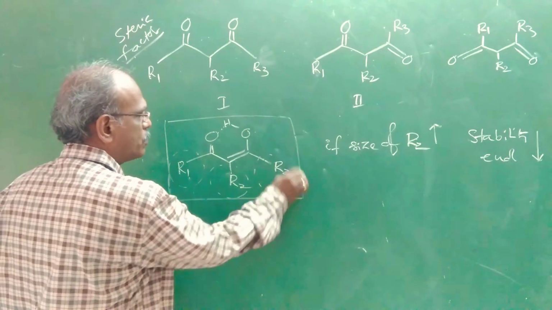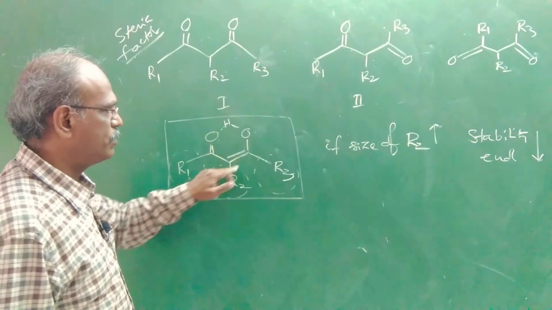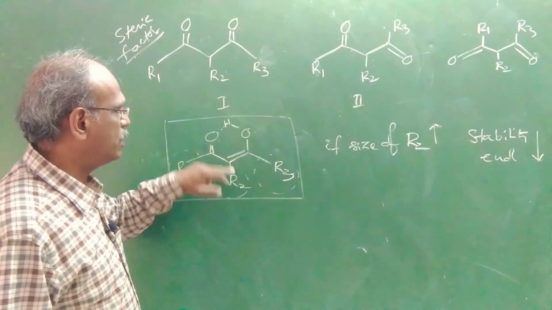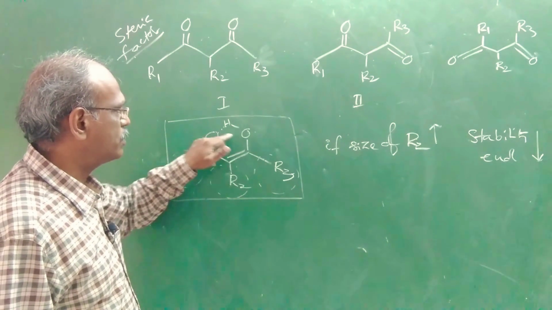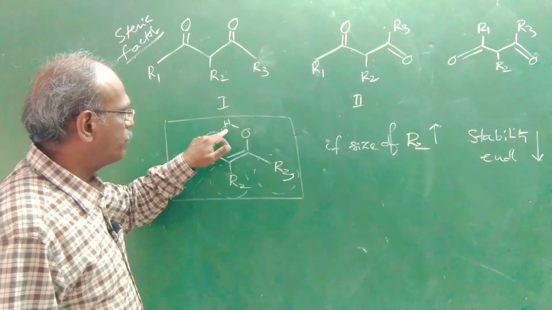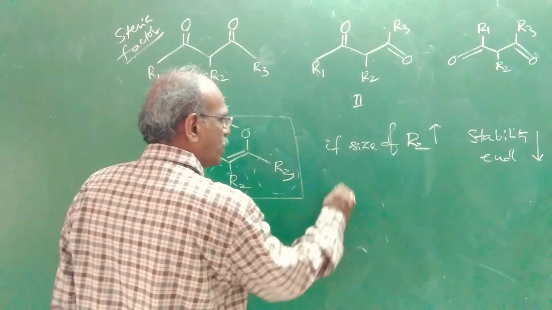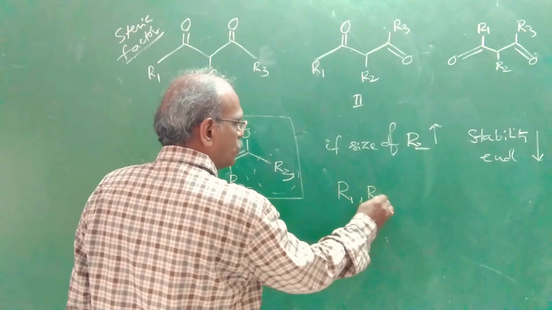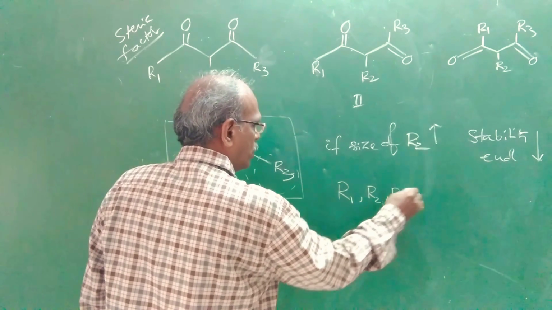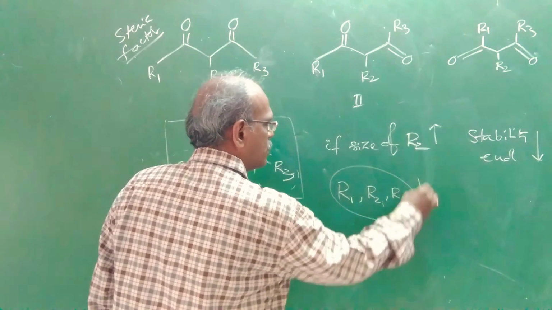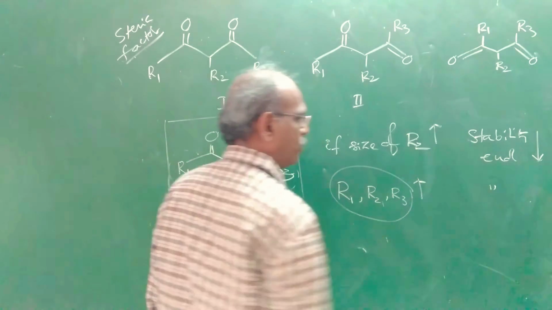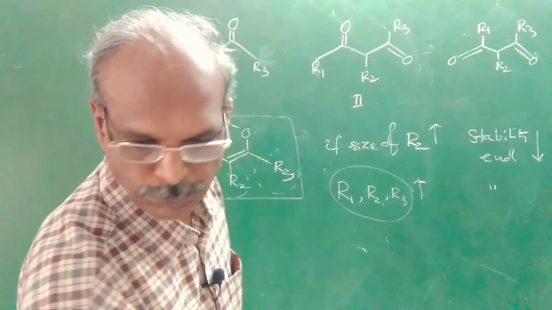See, almost it is a cyclohexane-like system. If its size increases, it hinders the probability for the formation of hydrogen bond. Similarly, if the size of R1, R2 and R3 increases, stability of enol decreases.